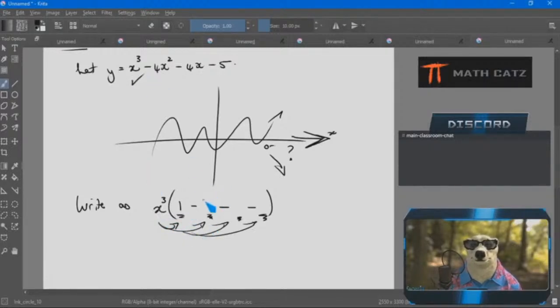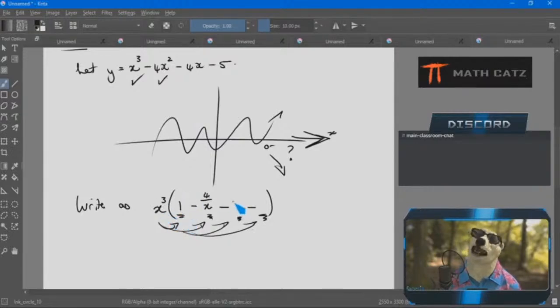The next one, I claim, is going to have to be 4 over x, so that when I multiply the x cubed by 4 over x, I get my 4. 1x at the top cancels with 1x at the bottom to leave 2 x's.